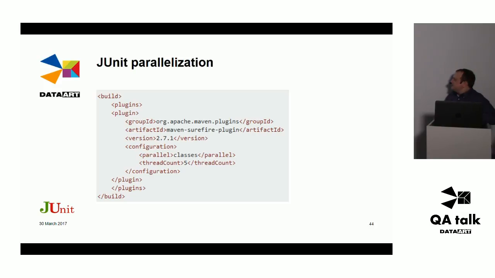Parallelization. I wanted to ask you, but here is the answer. So how to parallelize, for example, JUnit 4? In JUnit 4 there was no such possibility, and to parallelize it you had to create your own threads, or another possible variant is to use the Surefire plugin or Failsafe plugin.